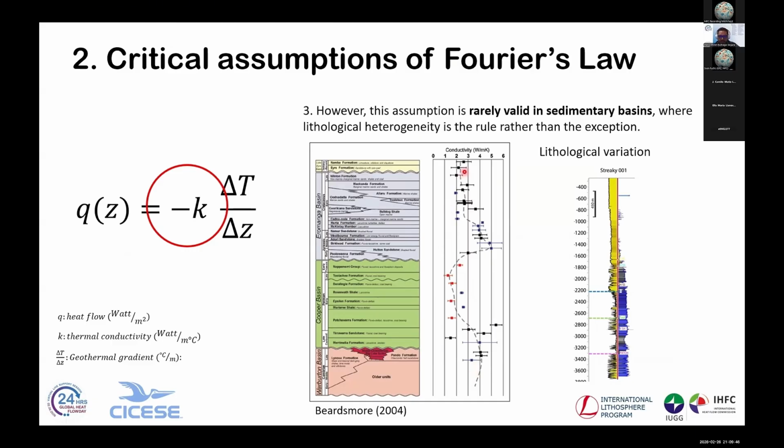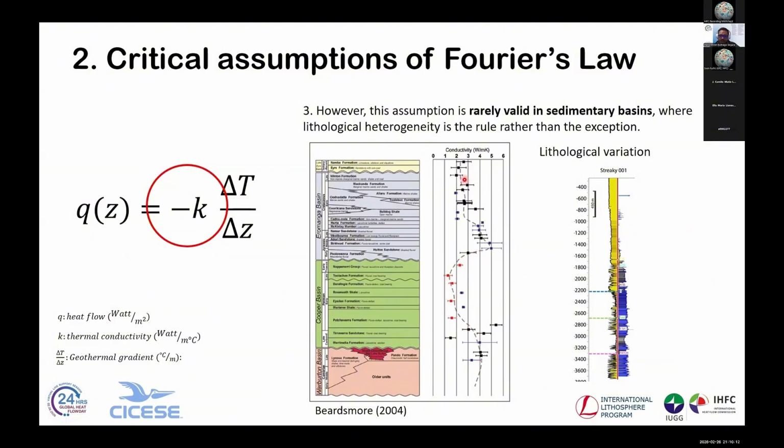Here we have some measurements of thermal conductivity at depth in the Cooper Basin, and we can observe that the thermal conductivity varies at very short wavelengths, but also at long wavelengths, right?